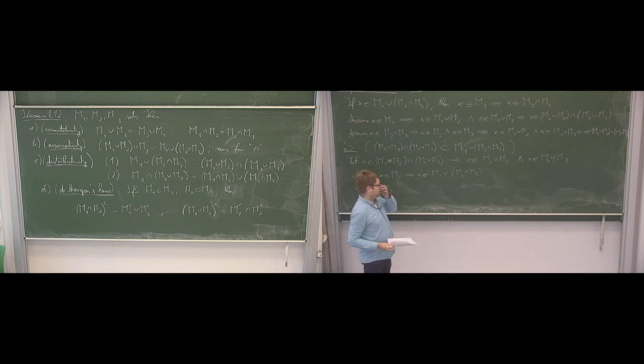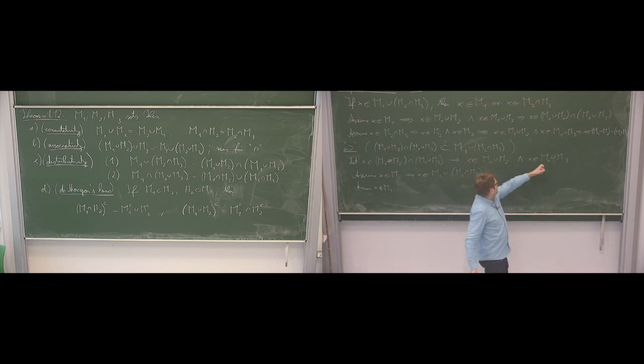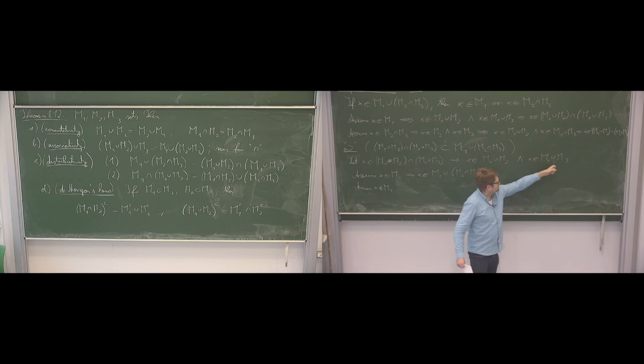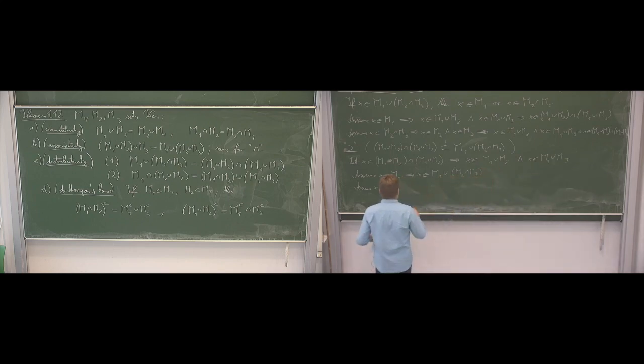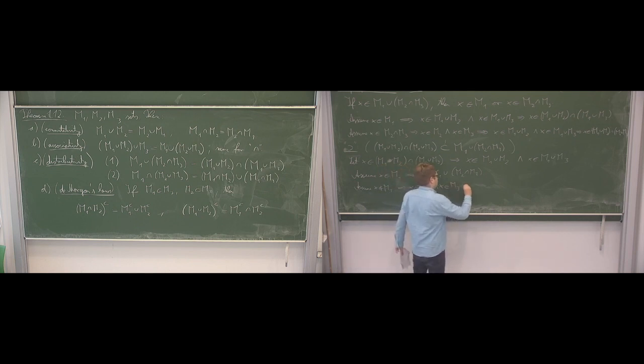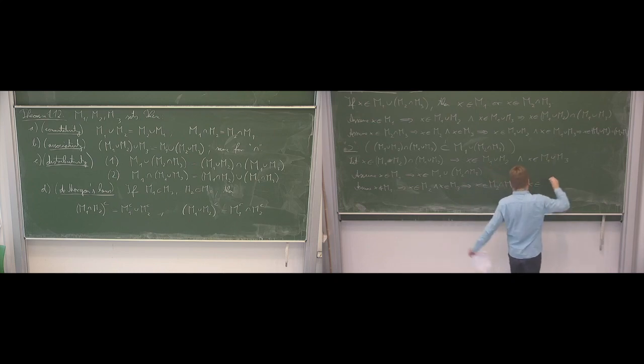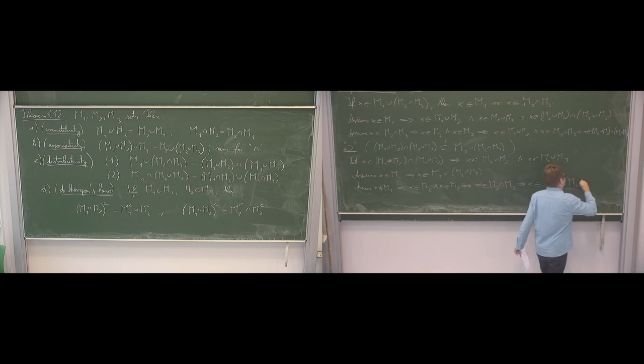Because this holds, then here we know, since it's not in M1, it has to lie in M2, and here we know it has to lie in M3. So x lies in M2 and x lies in M3, and this just means, written as sets, x lies in the intersection of M2 and M3. And this implies, if we again make the set bigger, it's in the union of M1 with the intersection of M2 and M3, and this is what we wanted to show.